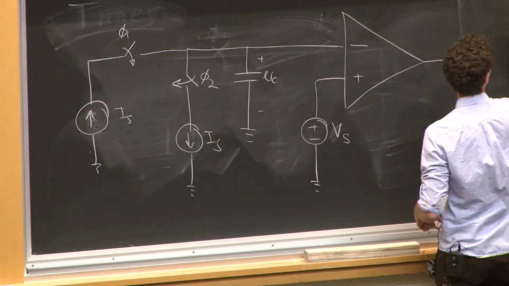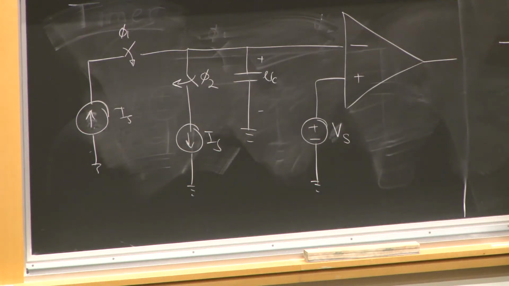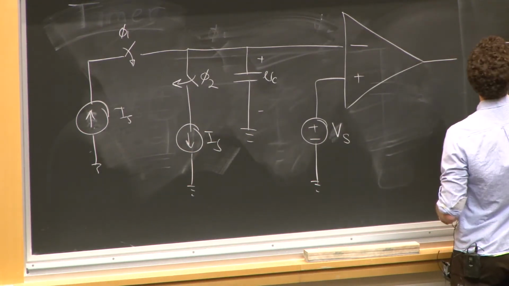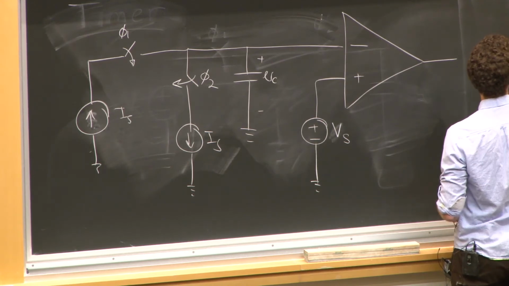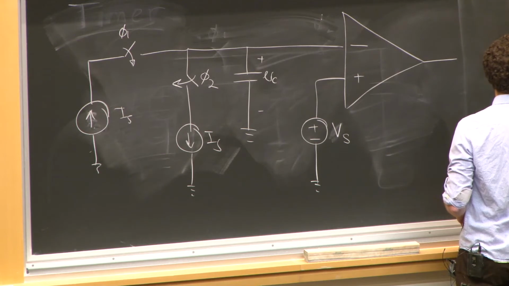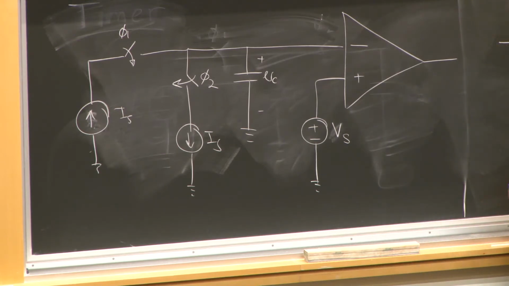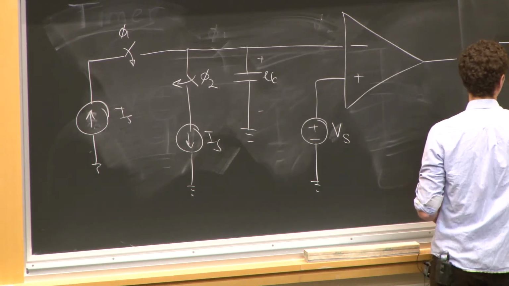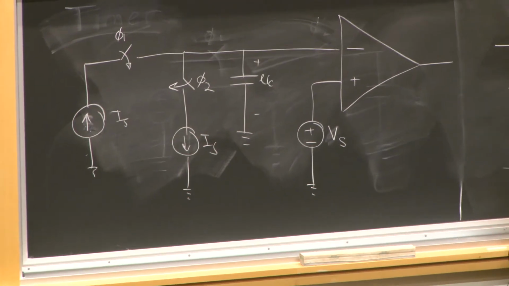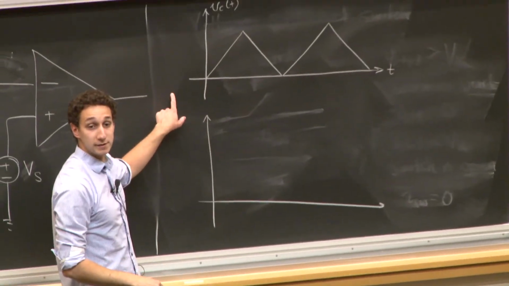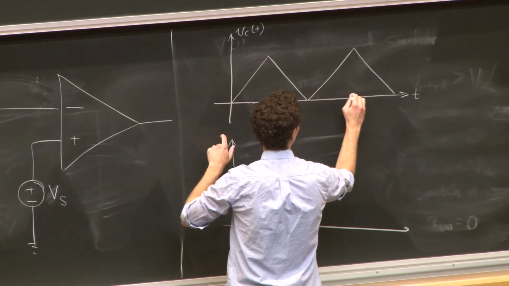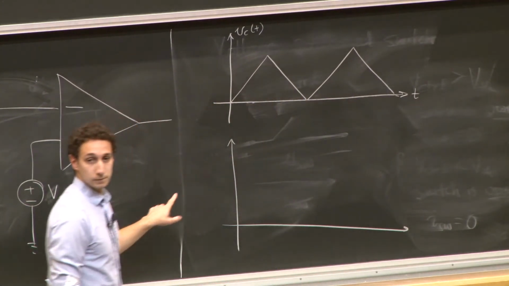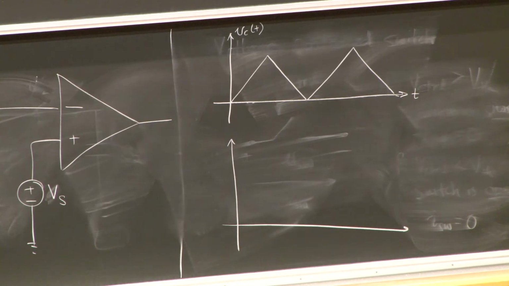So we have, as a function of time, the capacitor voltage, and that looks something like this. Again, this depends on the initial condition. Now, if we set the threshold of the comparator at 0, what would happen here? So that's right here.